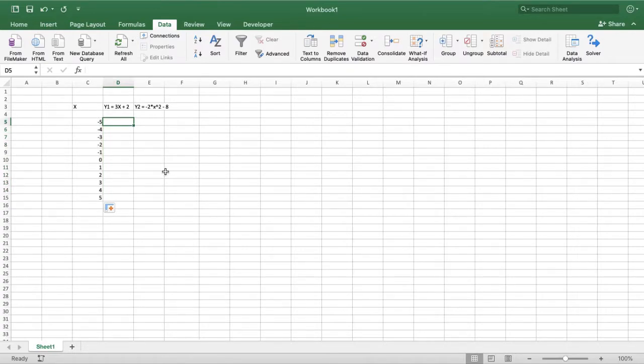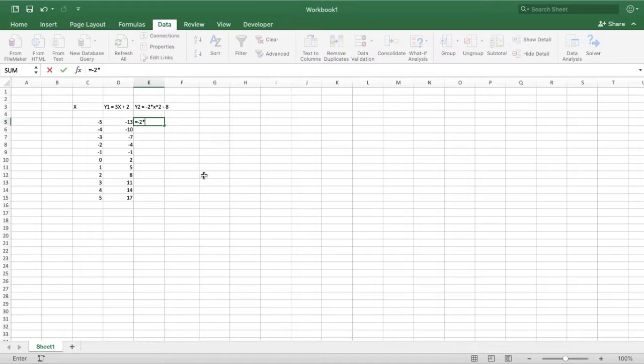Okay? So, let's do the equation. Equals 3 times, this is x, plus 2. That's 13. Okay. And this one equals negative 2 times this x, but this time squared, minus 8.